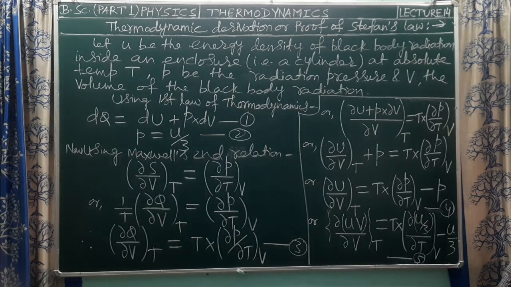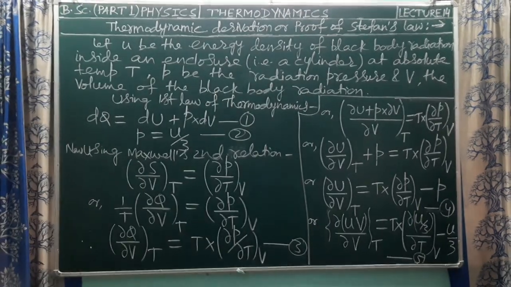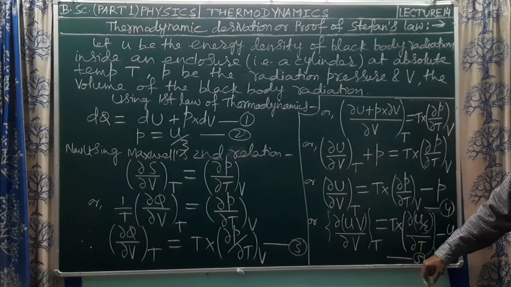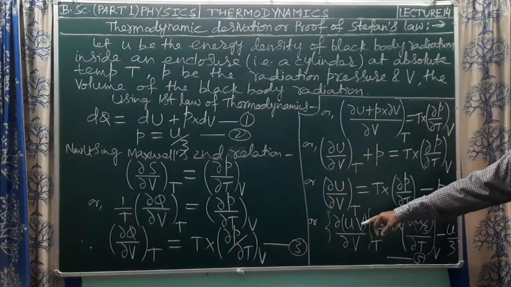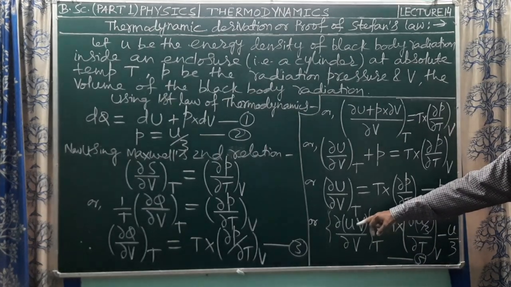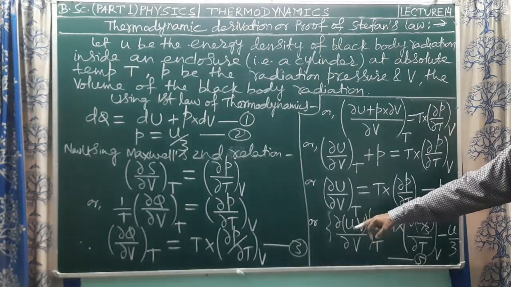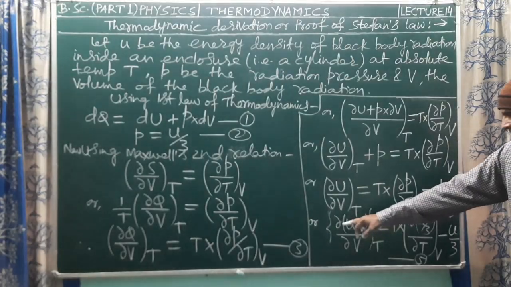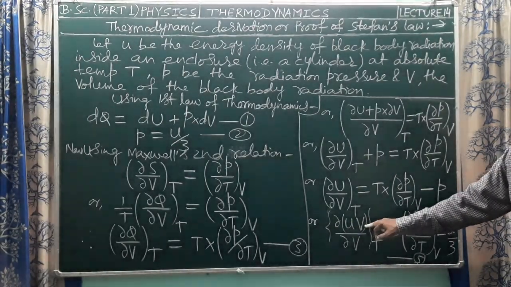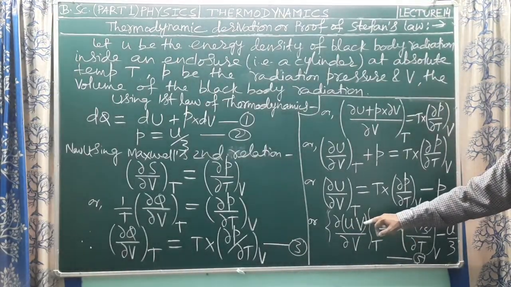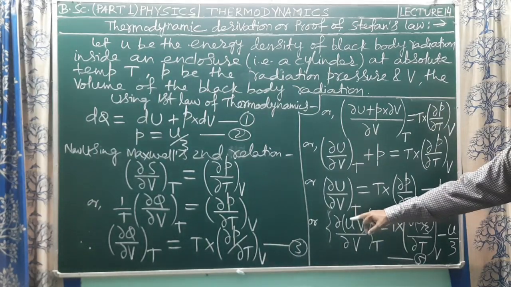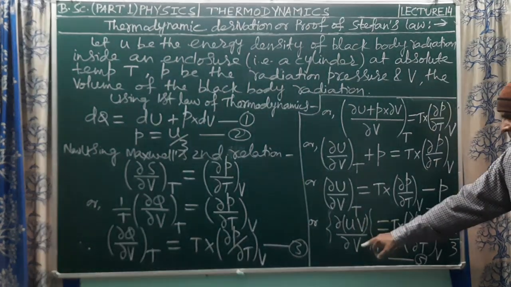Now we can write the LHS: the energy density, a small u, of the enclosure of black body radiation is constant. So we can write, differentiating V, that is the volume of the black body radiation or volume of the enclosure, with respect to volume.